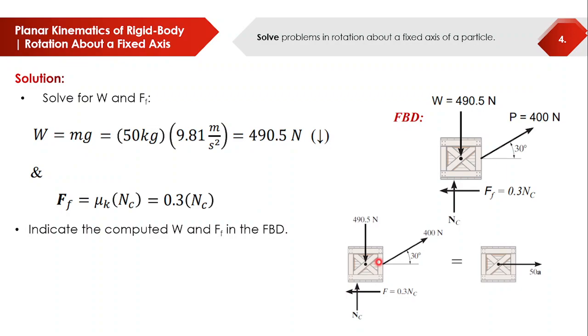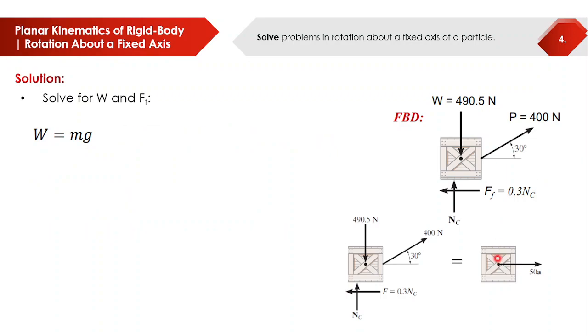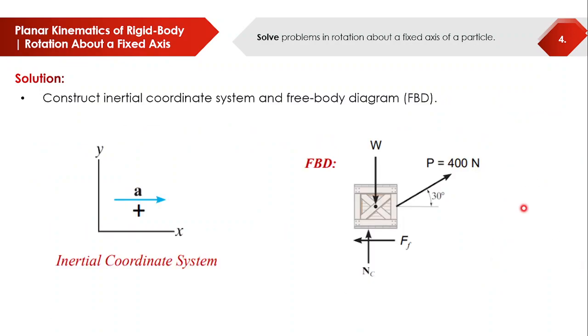So kailangan yung mga forces na before na wala pang value, after we solve for the unknowns ng FBD, we need to indicate them. For example, yung walang value dito sa FBD natin is yung weight, yung frictional force, and the normal component.